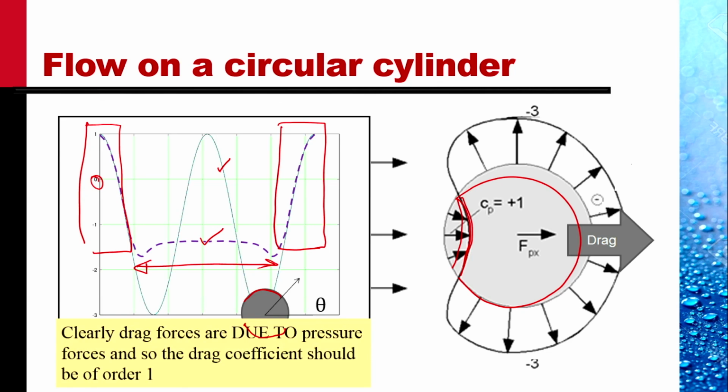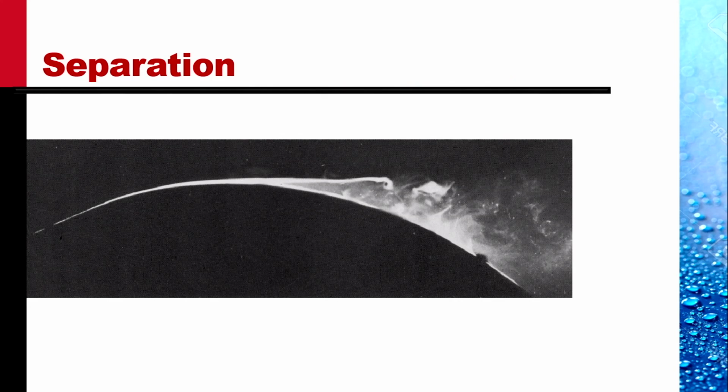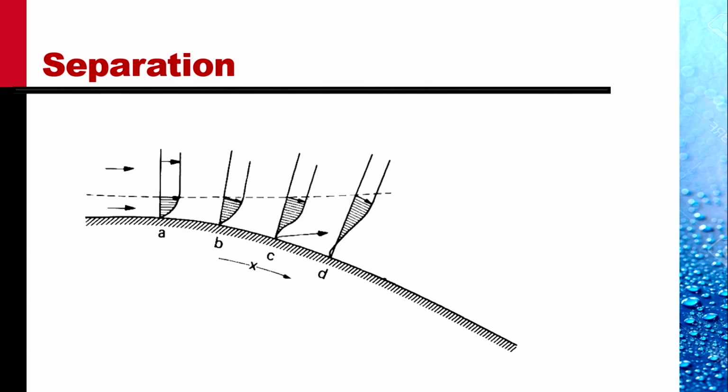Clearly the drag forces are due to pressure forces, and so the drag coefficient should be of order 1. What is happening? Separation. This separation changes the flow picture drastically. And the separation occurs because of the flow reversing near the wall because of viscous action.